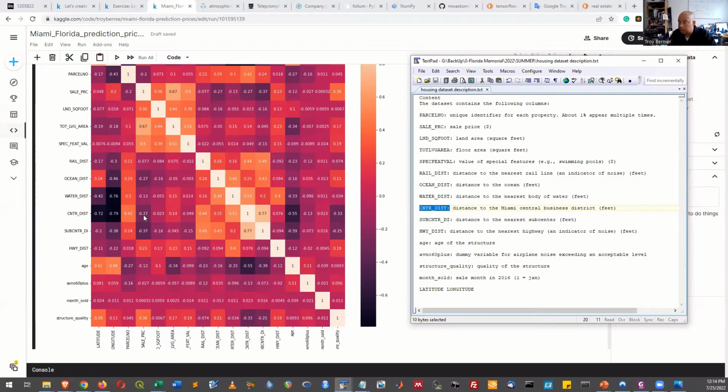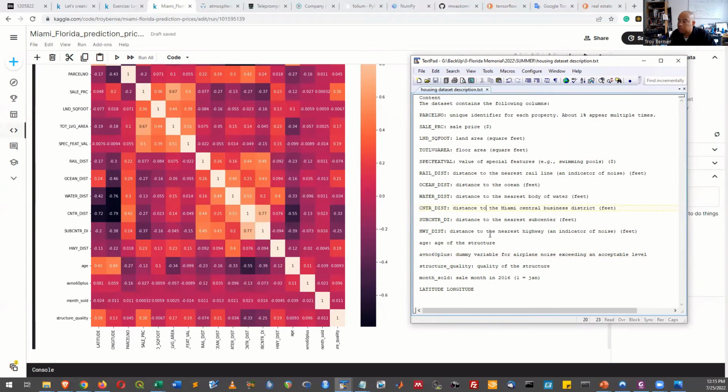Negatively correlated. And it's not a whole lot of correlation. And it shouldn't be, because in Miami, you could be in certain areas of Miami far from the city, and the price of the home is very high. So that's what throws it off.